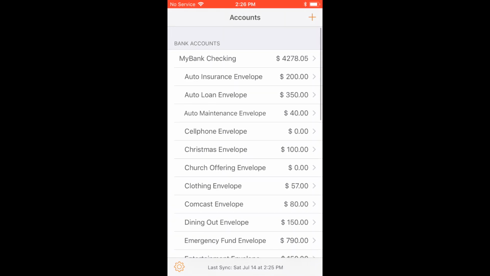So everything is there, including the amounts that we have in those different envelopes. And that's very important because this becomes a very handy tool to use as you're out and about doing your shopping. You can refer to your envelopes to figure out how much money you had budgeted in those different categories to make some informed and educated decisions as you're out.